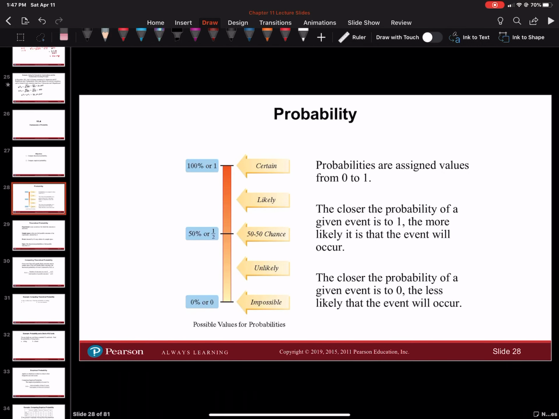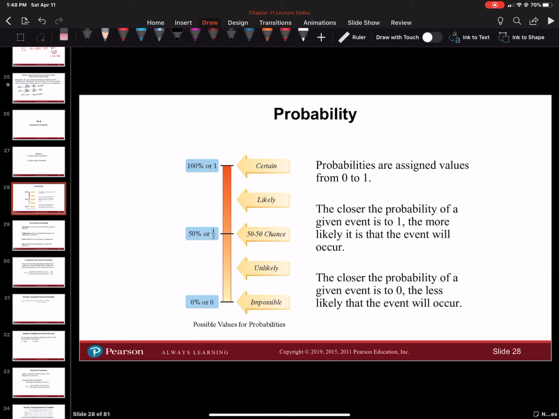So when we think about probability, we have ranges from 0% to 100%. So 0 would be impossible, 50% would be a 50-50 chance, and 100% would be certain. Or we can look at it as 0, 1/2, or 1.